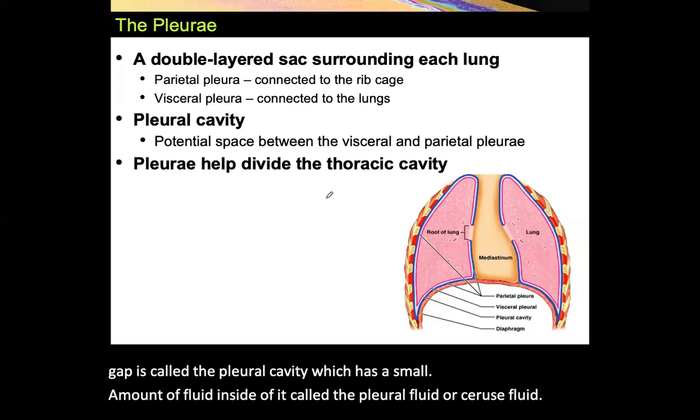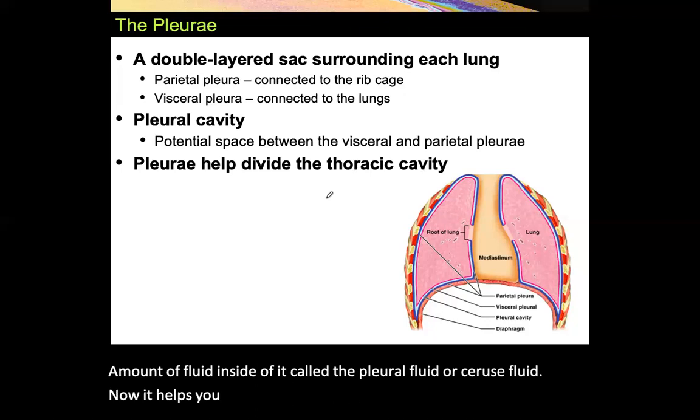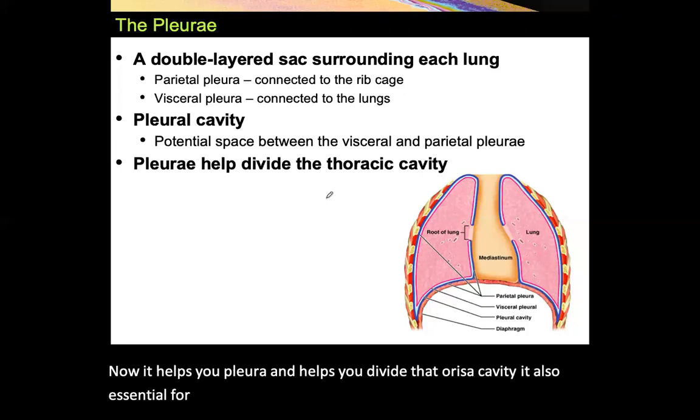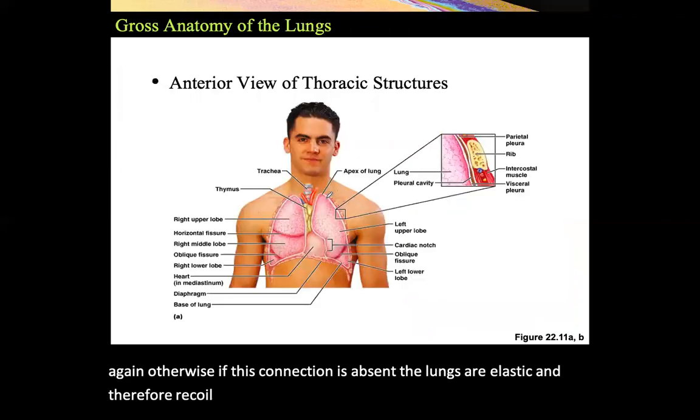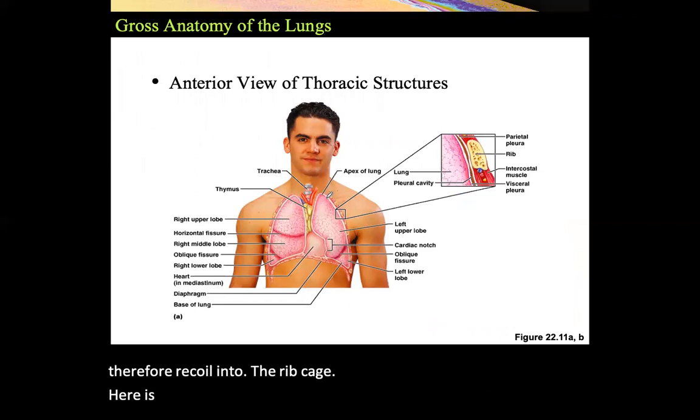The pleura helps you divide the thoracic cavity. It is also essential for ensuring the lungs are inflated and connected to your rib cage. Otherwise, if this connection is absent, the lungs are elastic and would recoil. Here is a second view of what we're describing.